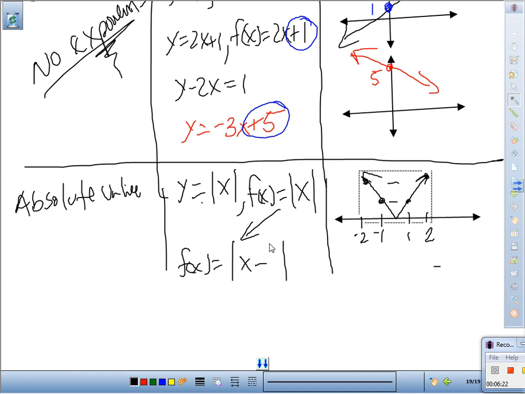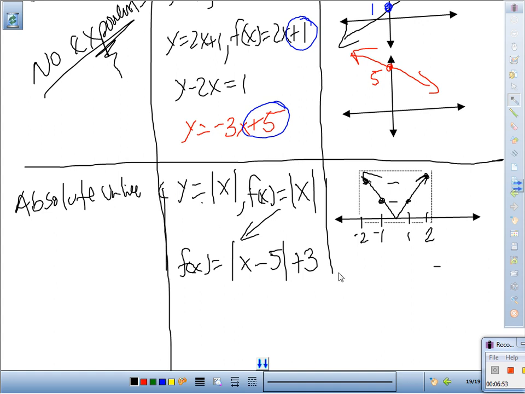How many steps do you want it to go to the right? 5. What if I wanted to go to the left? Plus 7 or plus whatever. What if I wanted to go up? Plus 3. What if I wanted to go down after that? Minus whatever. You're like, oh my goodness, Mr. Q. I know, right?